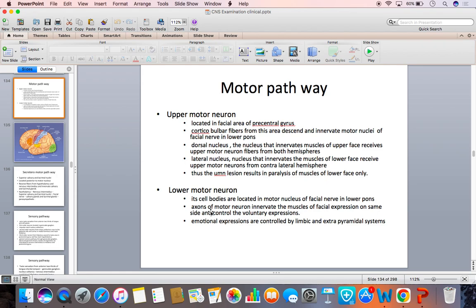But emotional expressions are controlled by limbic and extrapyramidal systems. So the facial nerve is controlling the voluntary expressions. Remember that. Involuntary expressions like laughing, etc., are carried out by the limbic and extrapyramidal systems.